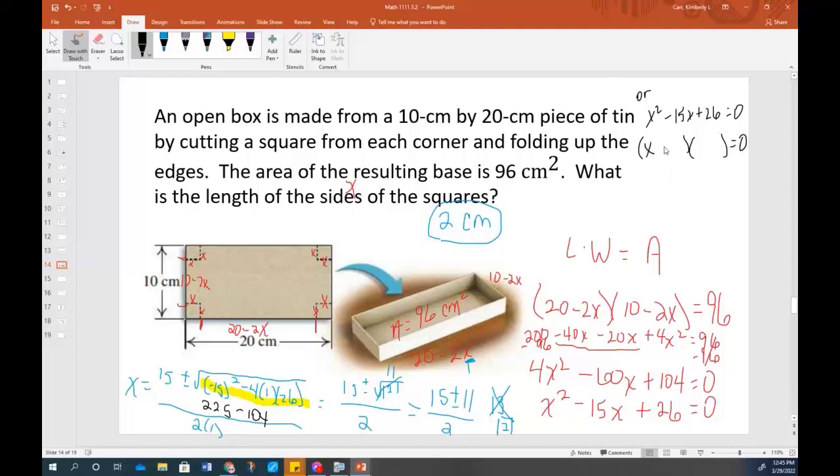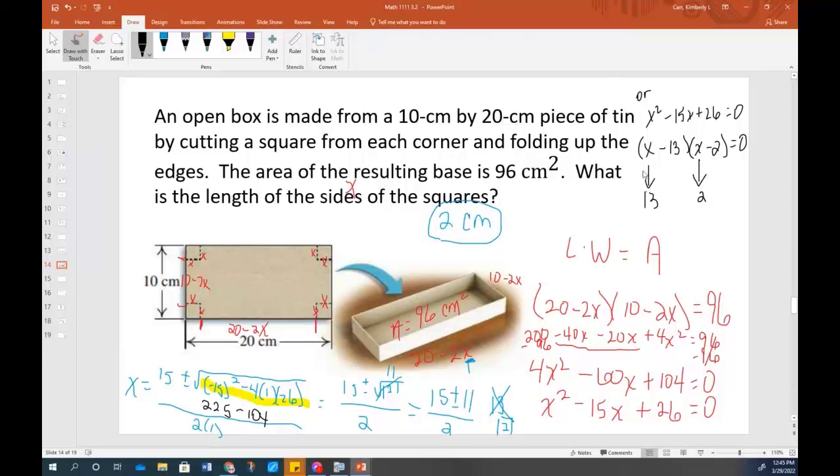And I would say, oh, well, I can take a negative 13 and x minus 2. That is the factoring. And then when I solve each one of those, the solution to this one is 13, and the solution to this one is 2.